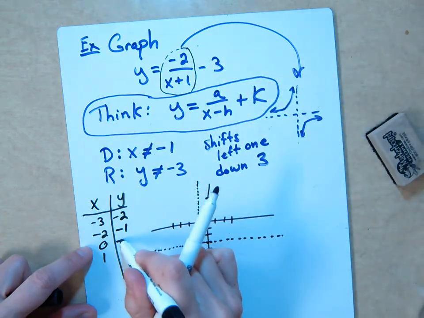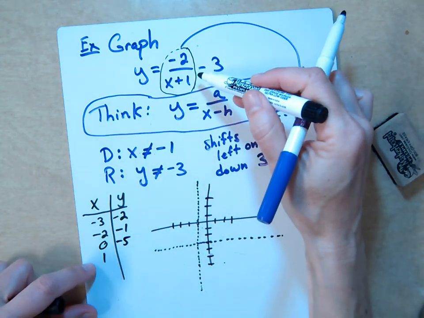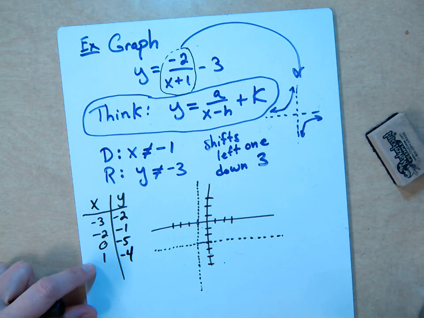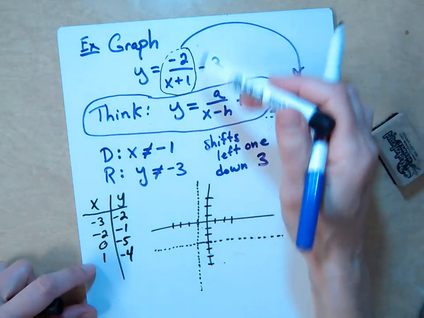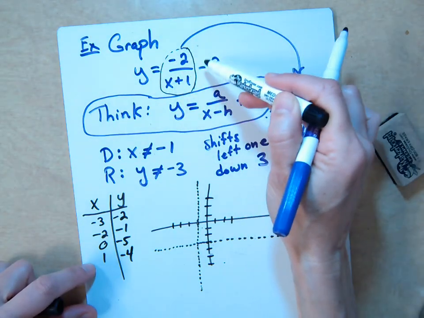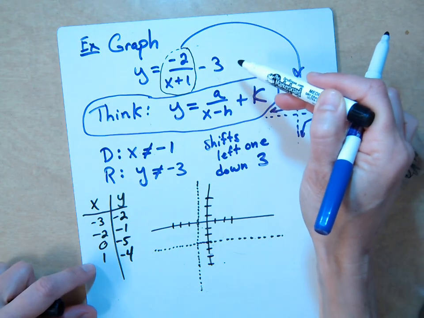You get -5, and 1 is fine, you get -4. Is everyone okay with me just plugging those in? You evaluate this first, then you do -2 divided by that, and then subtract 3. You can do it on your calculator.